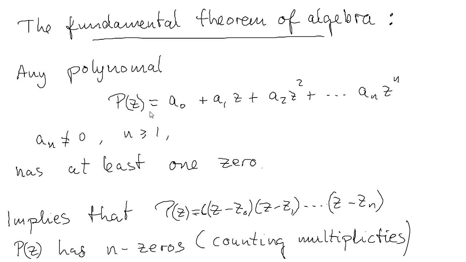So any kind of polynomial of this type has at least one zero. That means any polynomial at all.